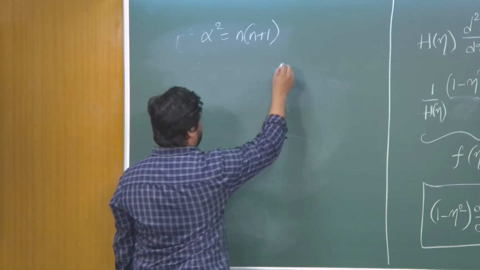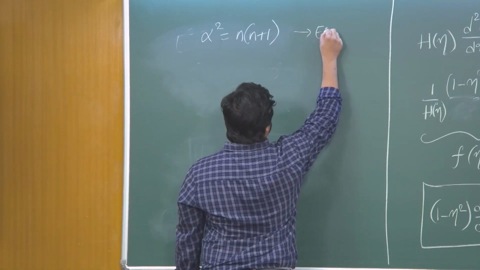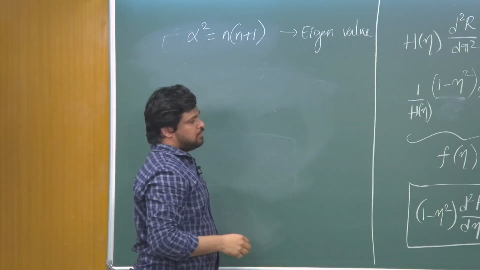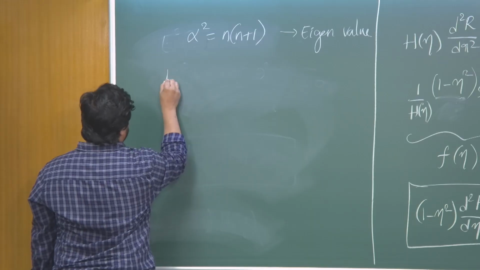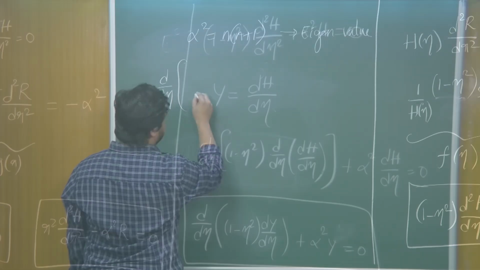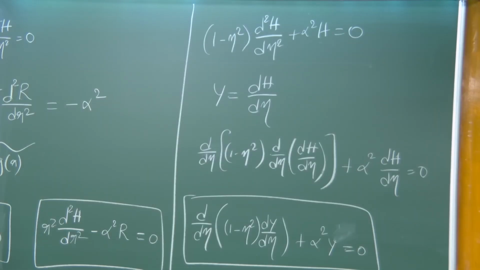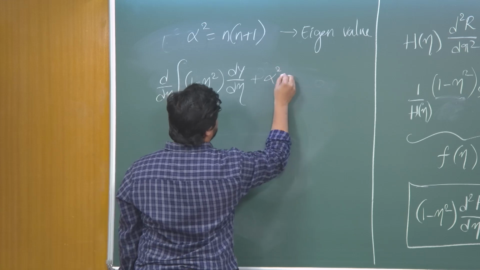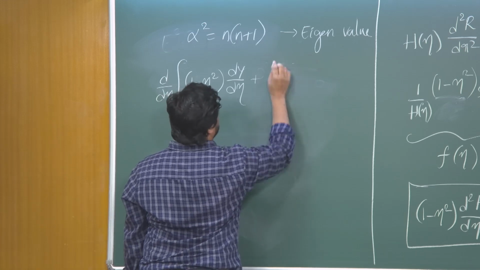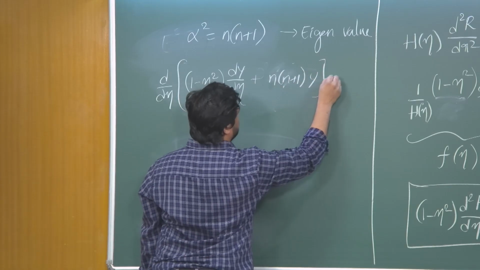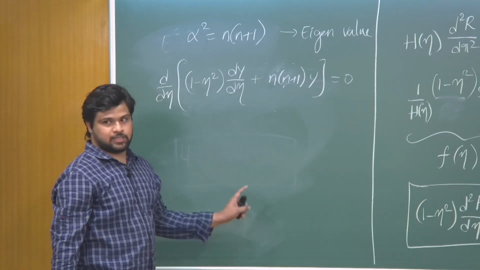Remember, this is the eigenvalue. Then the equation becomes d by d eta times (1 minus eta square) dy by d eta plus n into n plus 1 times y equals 0. So this is the final form of the equation.